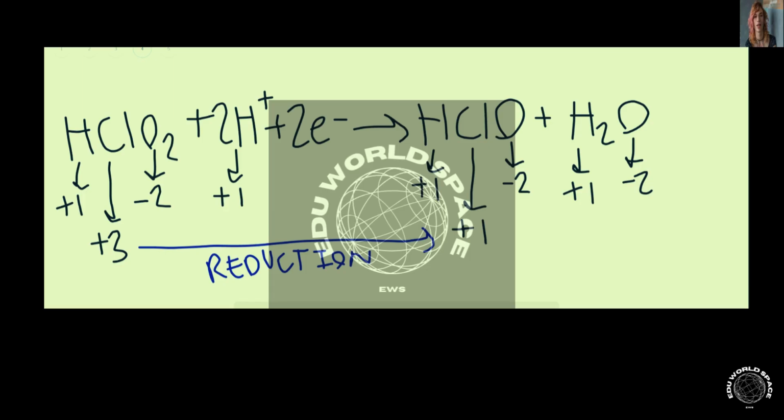In order for this to be electrically neutral, our chlorine is going to take an oxidation state of +1. So our oxidation state on chlorine from reactants to products in this half reaction is going from +3 to +1. That's a reduction. A gain of electrons is reduction. So in this case, chlorine was reduced.